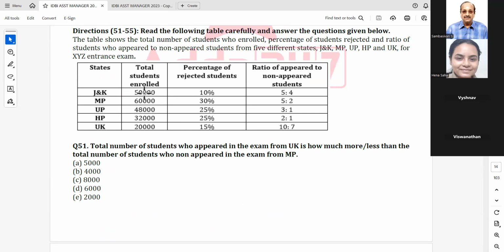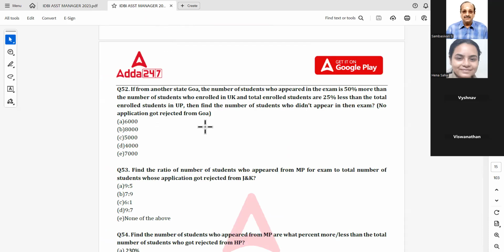Did you work out the 52? Sir, Goa's data is not given. Yeah, that is why they are telling: if from another state, Goa, the number of students who appeared in the exam is 50% more than the number of students who are enrolled in UK. Number of students enrolled in UK.